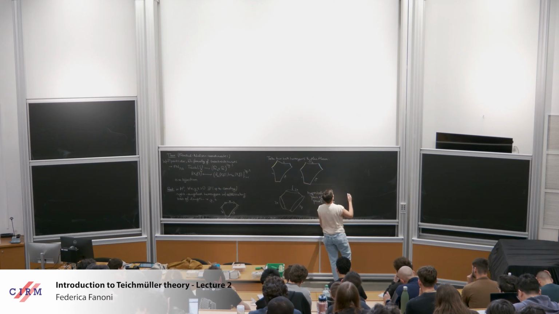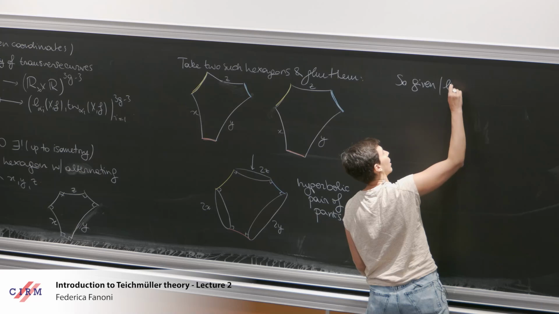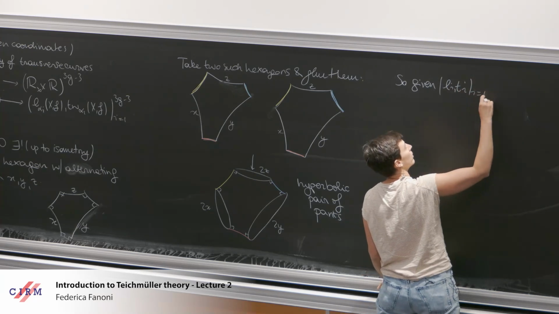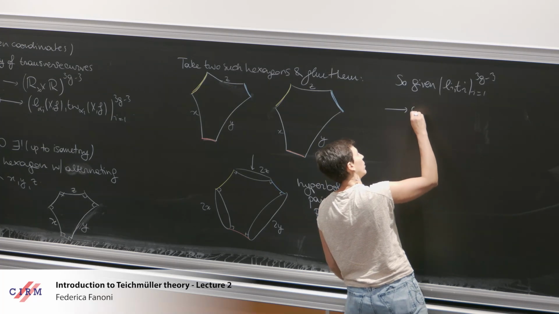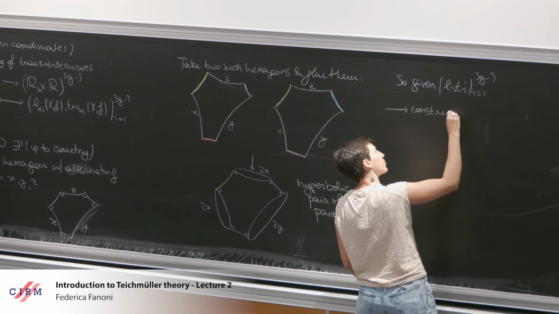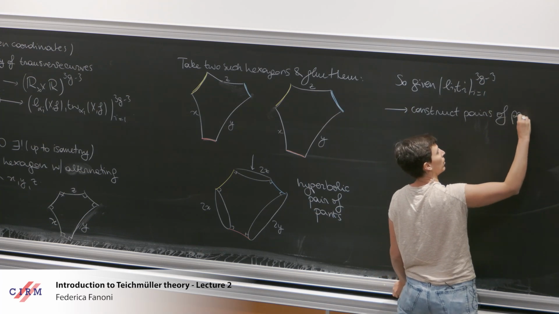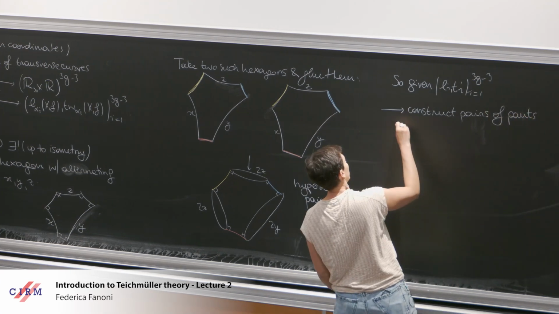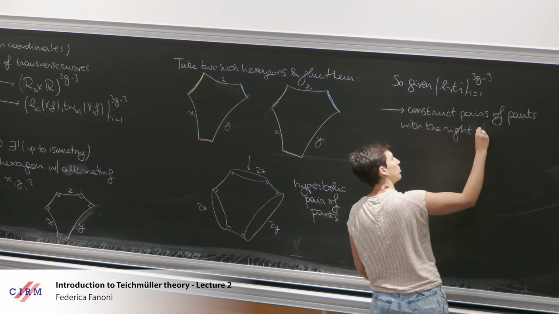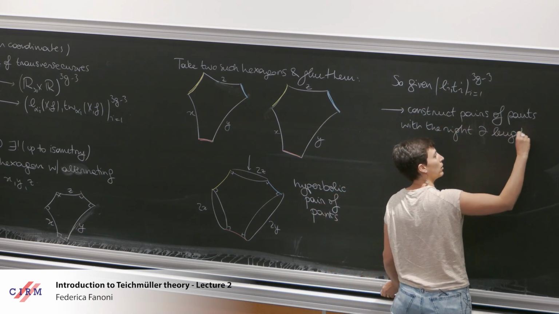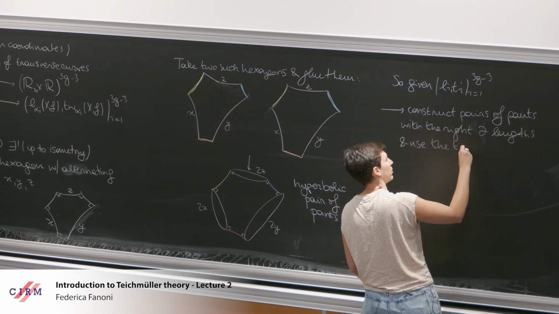So the point is, if I have Li and Ti, I can construct pairs of pants with the right boundary lengths and use the Ti to know how to glue them.